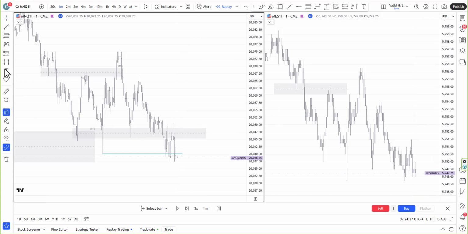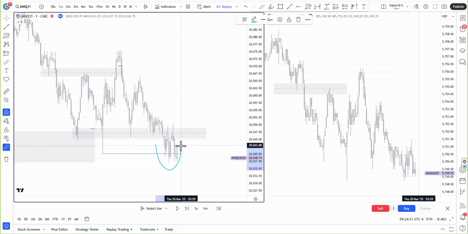Why? Because then this would all be a manipulation. And this manipulation occurs just before London Open, or maybe even after, I'm not sure.